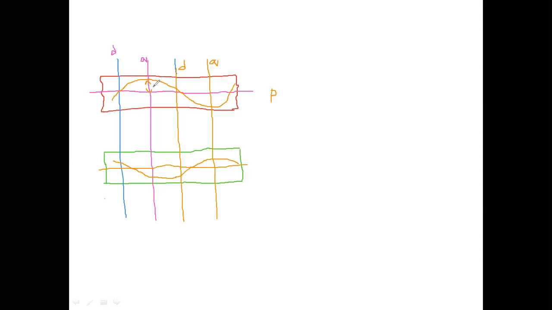Here we are considering it as the A1 value. Here it is A1, and here it is the A2 value. How should the A2 value be? We consider only the positive side of the response. So this is the A2 value.